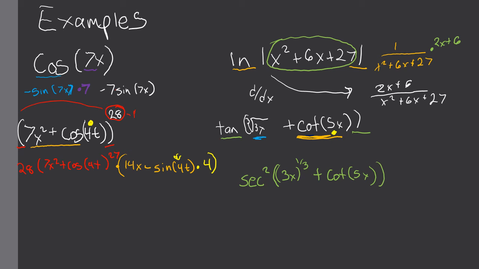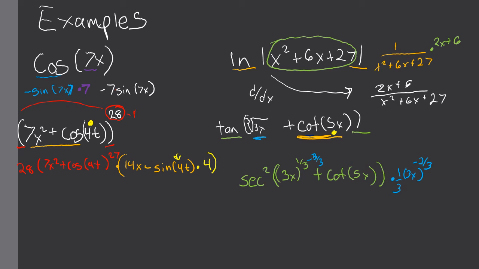Then I take the derivative of this inside function and multiply it out. Now, the derivative of 3x to the 1/3, we bring that 1/3 down and we subtract 1. So it's 1/3 times 3x, and then 1/3 minus 3/3 is to the negative 2/3.